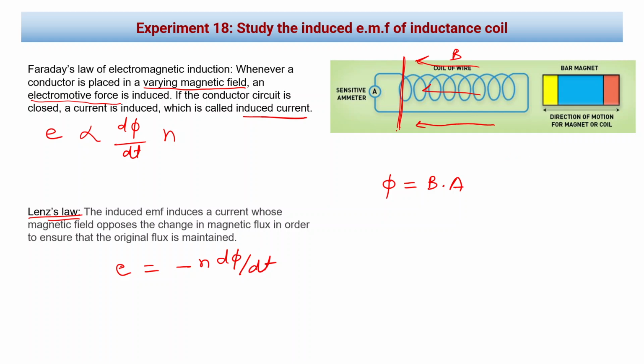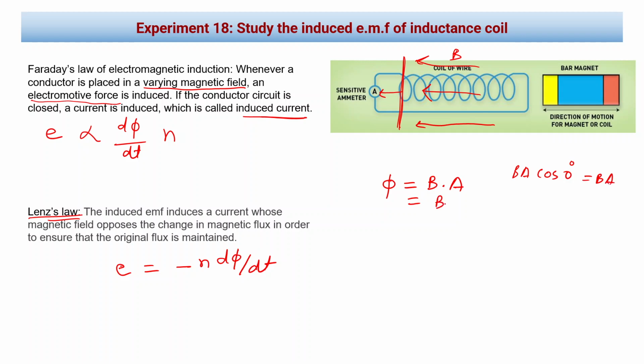If the area is like this, then its area vector will be in this direction, perpendicular to this. Since the area vector and magnetic field are parallel, B dot A will be BA cos 0, the angle between B and A, because the area vector is in the same direction as the magnetic field. Cos 0 degree is 1.